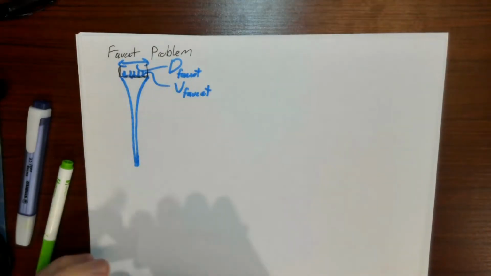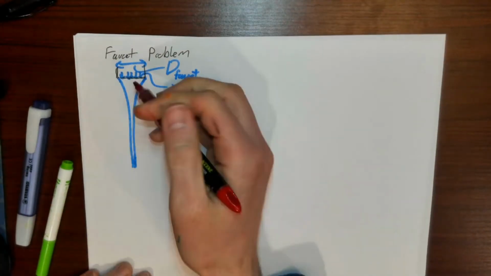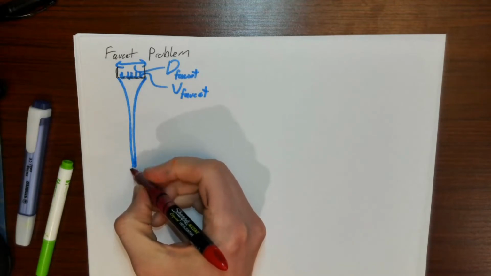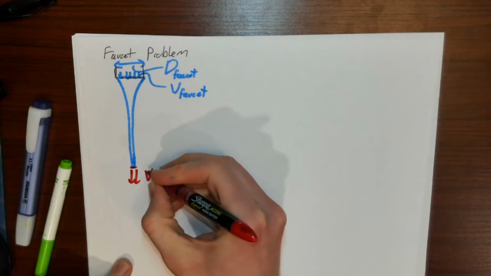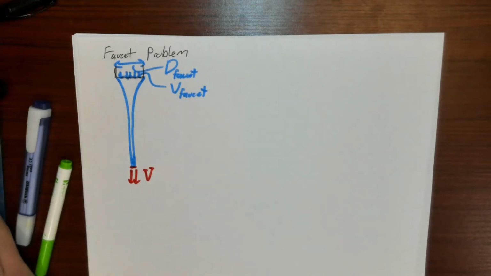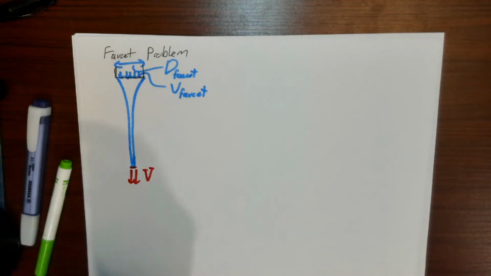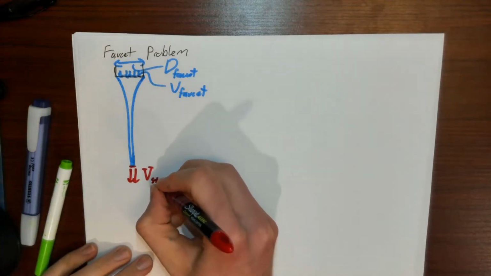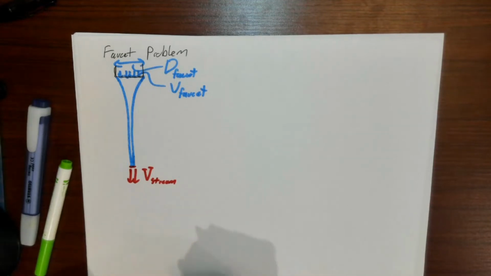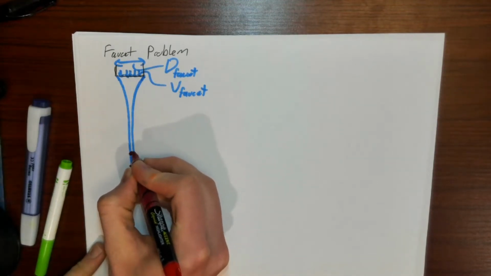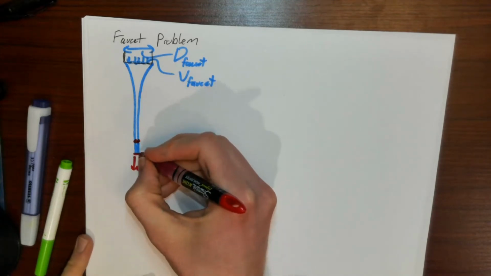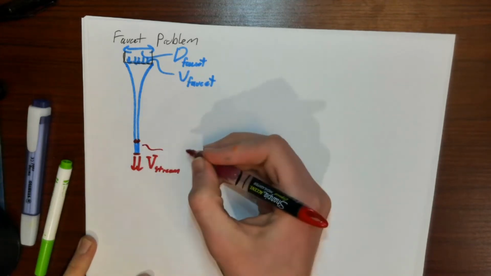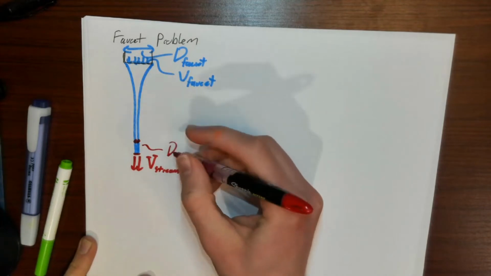I might be interested in, if I let this faucet drip down some distance, what is the velocity farther down in the flow? Maybe let's call it the velocity of the stream at some point later on. And I might be curious, how has the diameter of this stream narrowed down farther down in the flow?